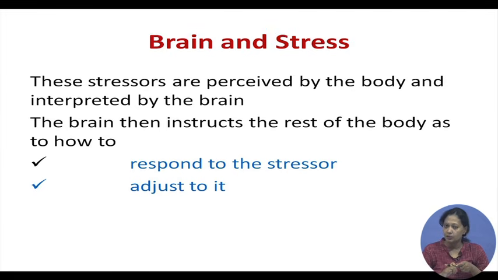This brings us to Lazarus's cognitive appraisal theory, which I have spoken about earlier and will speak of again later, where it is not the stressor by itself that is the cause of stress within an individual. It is the perception of the stressor, how the individual, or in this case the brain, sees the stressor, and then how it instructs the body to respond to it.